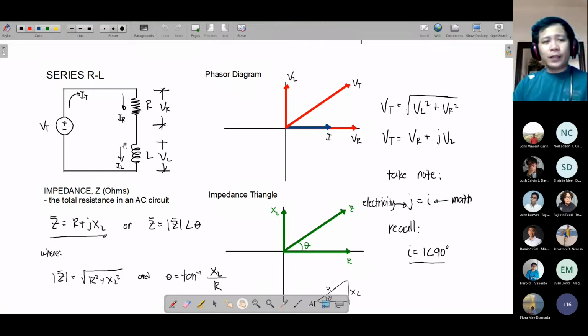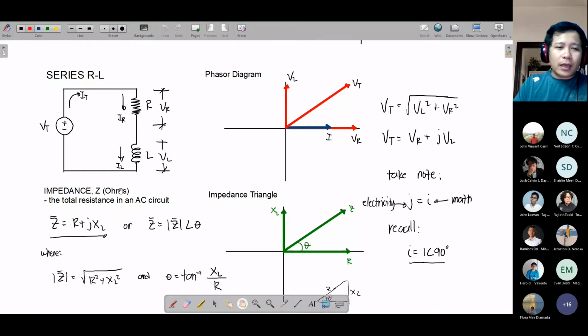Now, first, of course, for a series connection, you will always have a total resistance. But for an AC circuit, your total resistance will not be called a total resistance, but instead will be called impedance.